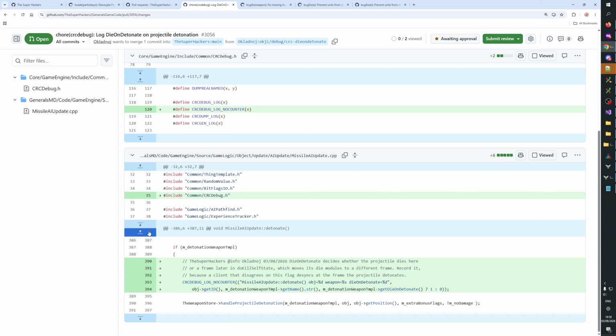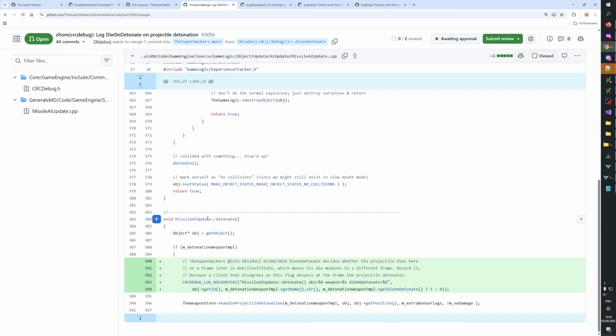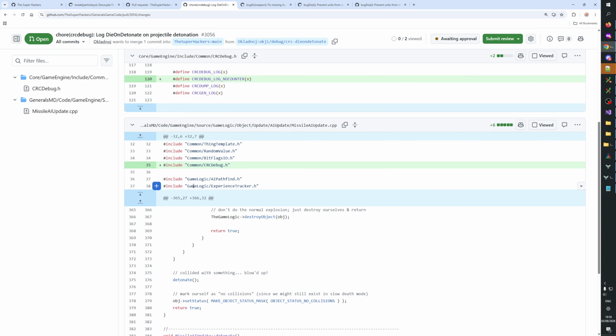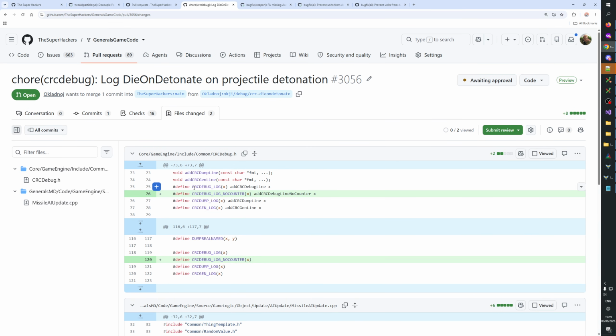Weapon input. Damn, detonate decides whether the projectile dies here or a frame later. Record it. Die on detonate the sides. Lock.